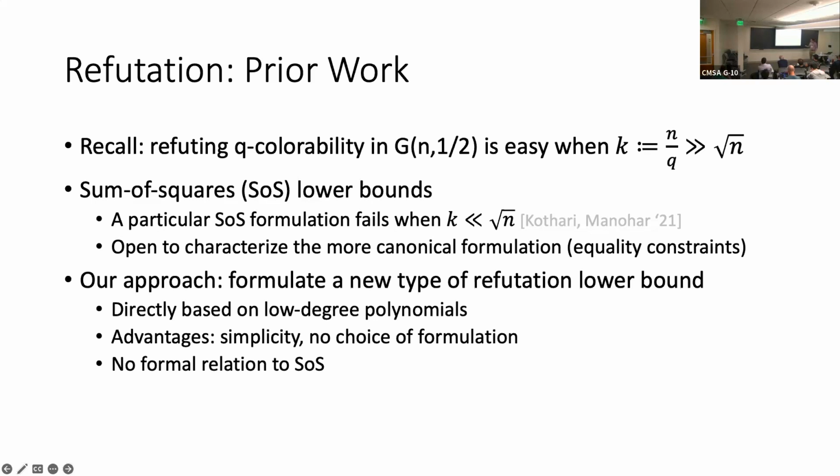This arguably has some advantages over the SOS approach. It's simpler to state the results and maybe to prove them, and you don't have this ambiguity in the choice of which formulation you want to think about. But formally speaking, I don't think there's a connection to SOS, a formal implication in either direction.